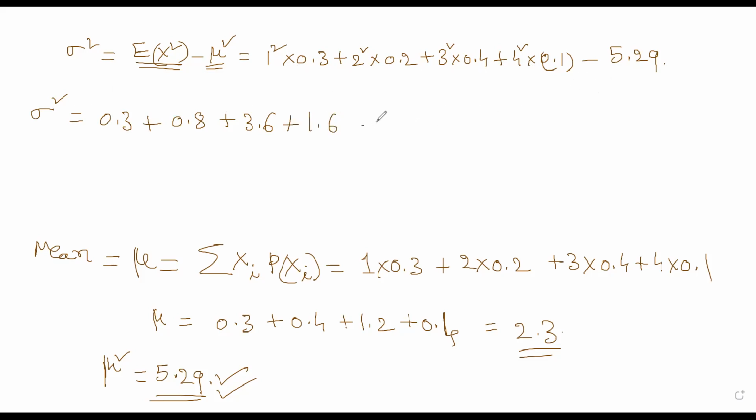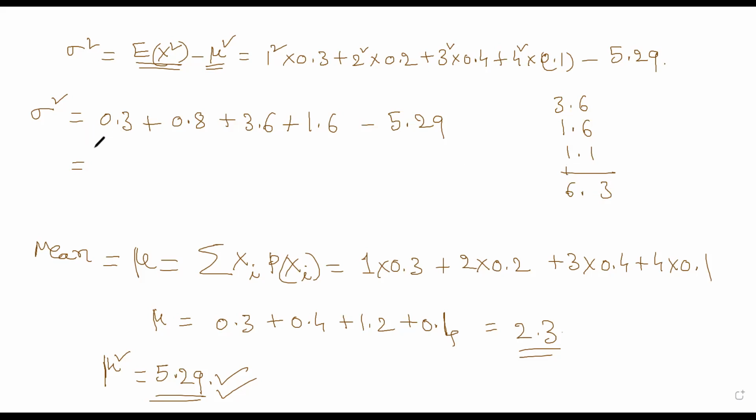Now minus 5.29. Now let's check it. So 3.6 plus 1.6 plus 0.8 plus 0.3, we'll check slowly, so it is 6.3.